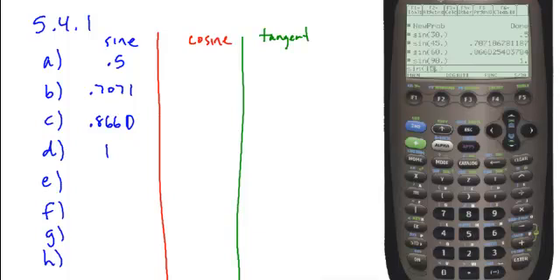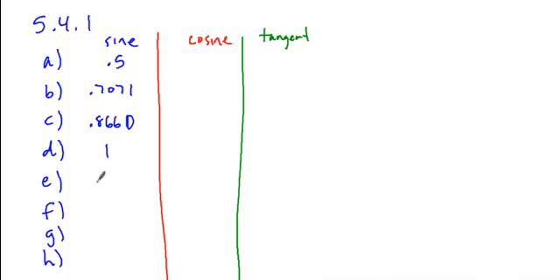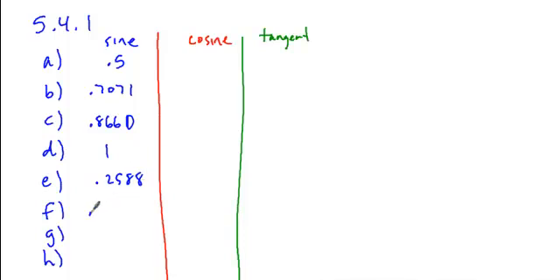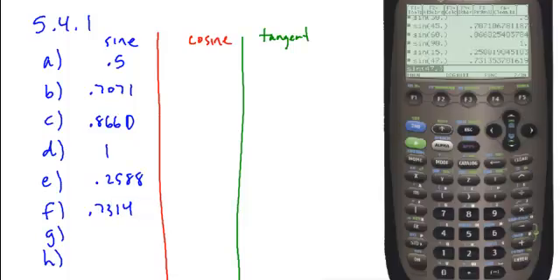15 degrees, 0.2588. 47 degrees, 0.7314. 100 degrees, 0.9848.